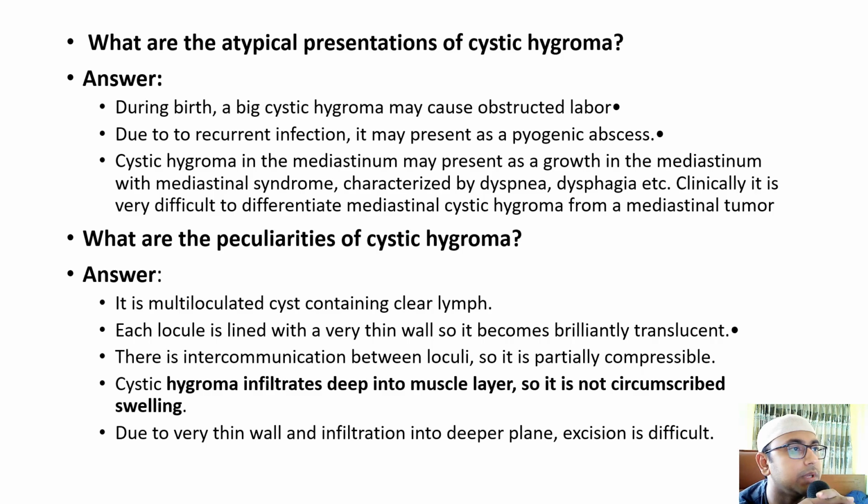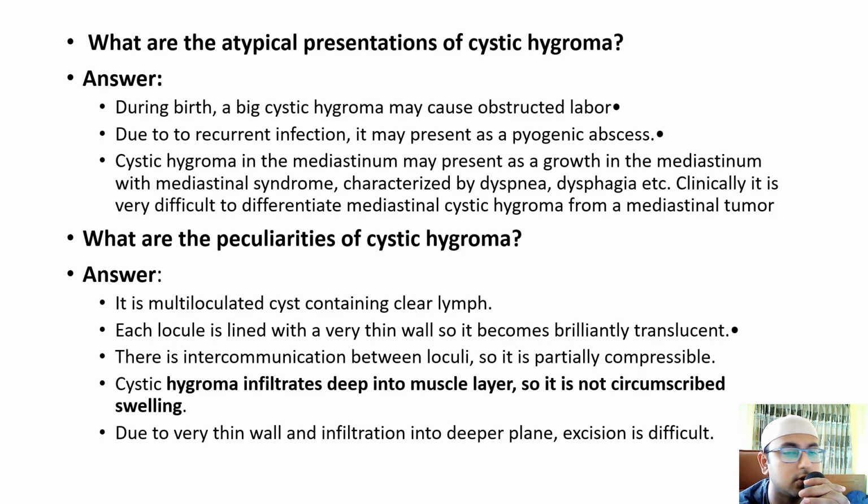So what are the atypical presentations of cystic hygroma? During birth, a big cystic hygroma may cause obstructed labor. Due to recurrent infection, it may present as a pyogenic abscess. A cystic hygroma in the mediastinum may present as a growth with mediastinal symptoms characterized by dyspnea and dysphagia.